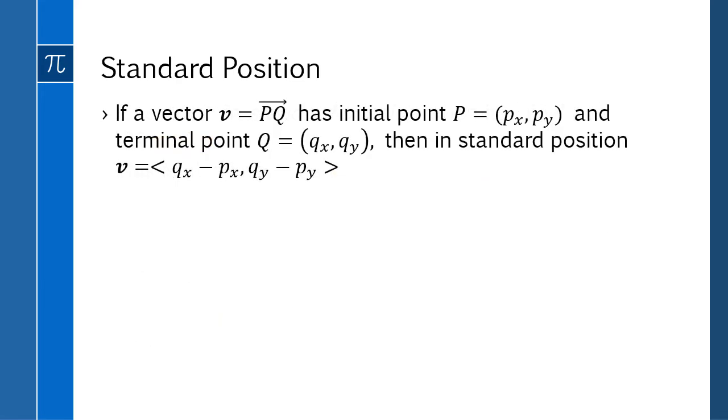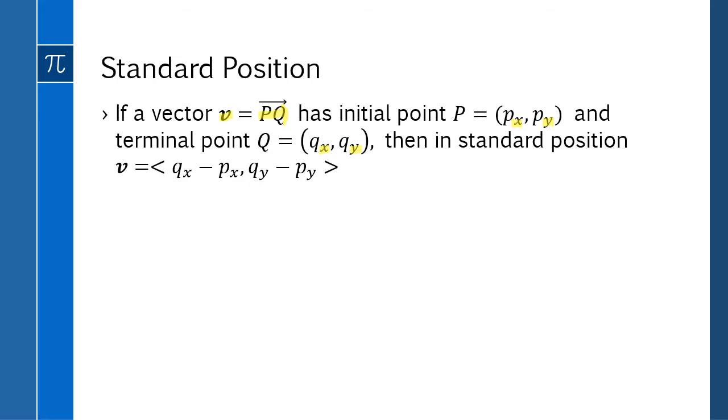And we can calculate where the terminal point of a vector is going to be with or without graphing it. So if we have some vector v that starts at point P and ends at point Q, so vector v is equal to PQ, and if we have an initial point, p_x coordinate, p_y coordinate, and a terminal point with the x and the y coordinates labeled q, then we can find the standard position by subtracting.